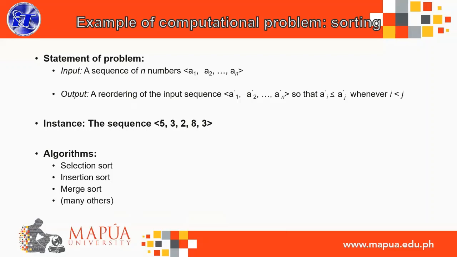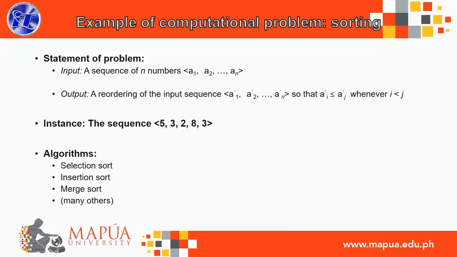So how could we sort this? We have lots of sorting algorithms that we discussed in data structures, like selection sort, insertion sort, merge sort. So as computer scientists, we need to know which is the better optimized algorithm that we could use for this type of problem, through analysis.